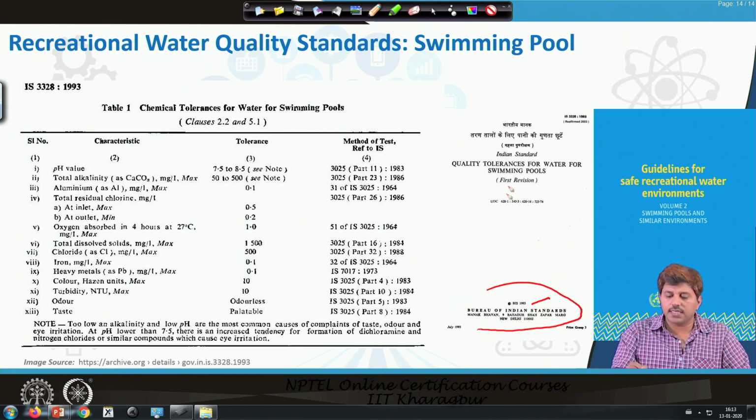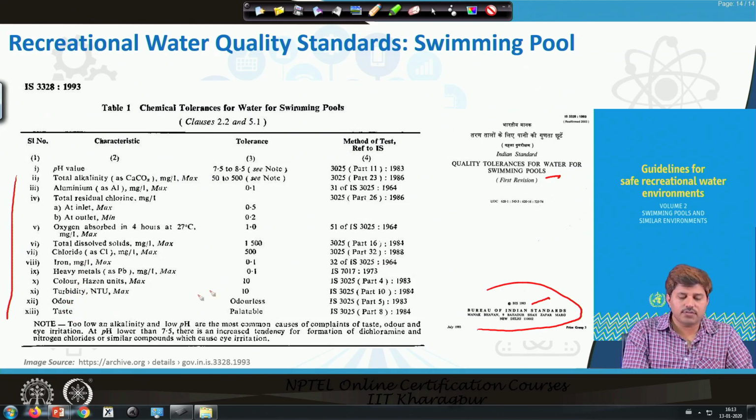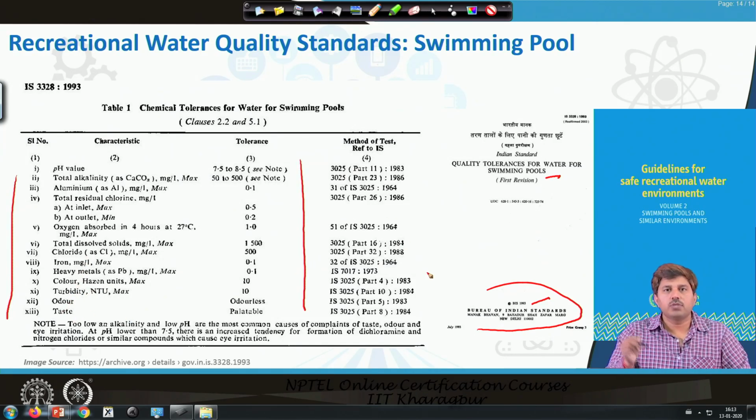This is a BIS criteria, the quality tolerance for water for swimming pools. This is some of the list of the parameters: what should be the pH value, alkalinity, the aluminum, then residual chlorine, oxygen, iron, heavy metal. So, these are the different tolerance limits for the swimming pool water as per BIS.